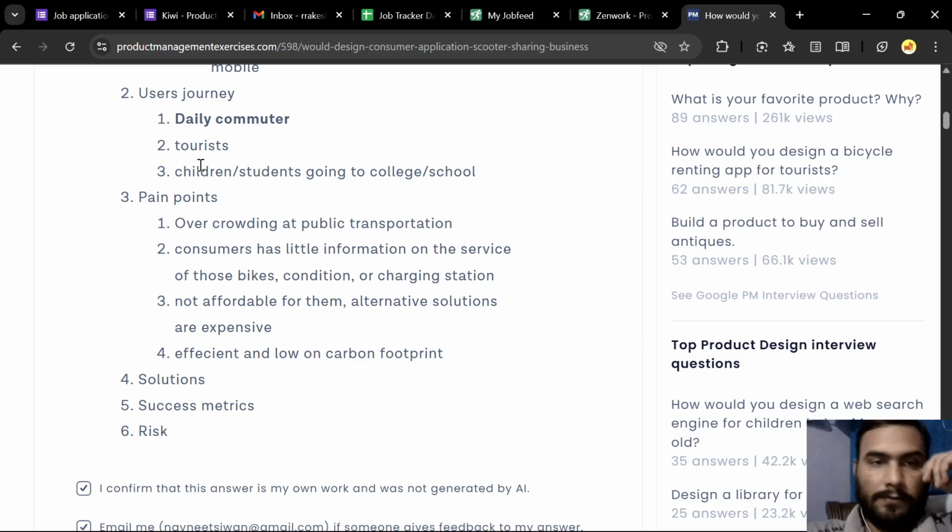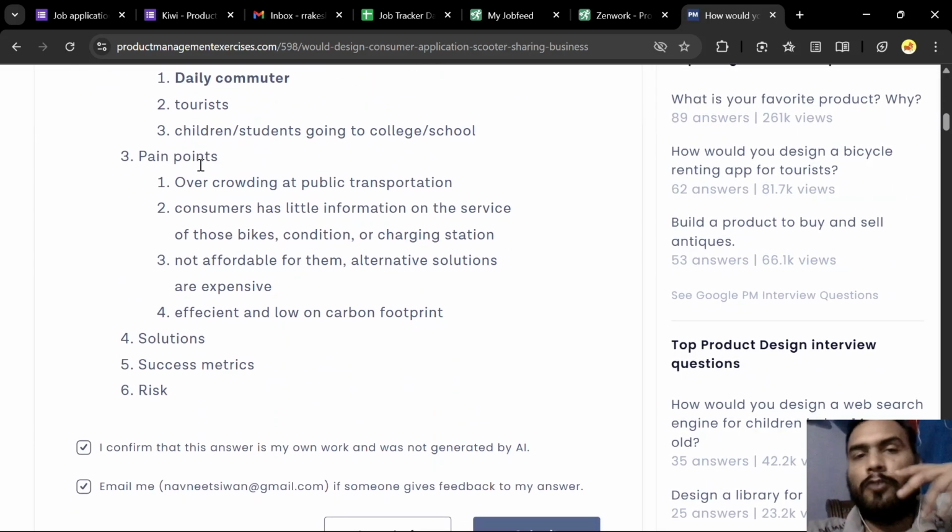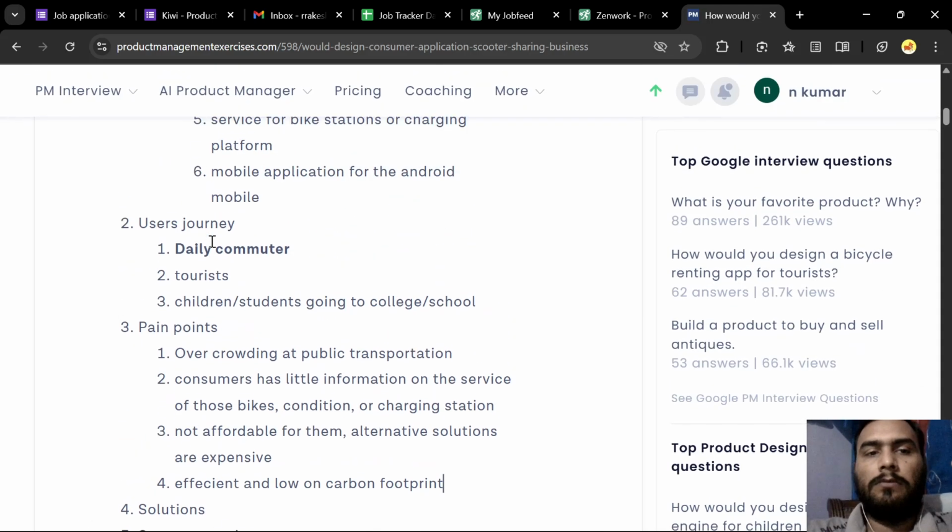So among all these pain points that I have described, we would select and prioritize one of them, because we cannot build for all of them, and our user cannot be looking for pain points that are not critical for them.